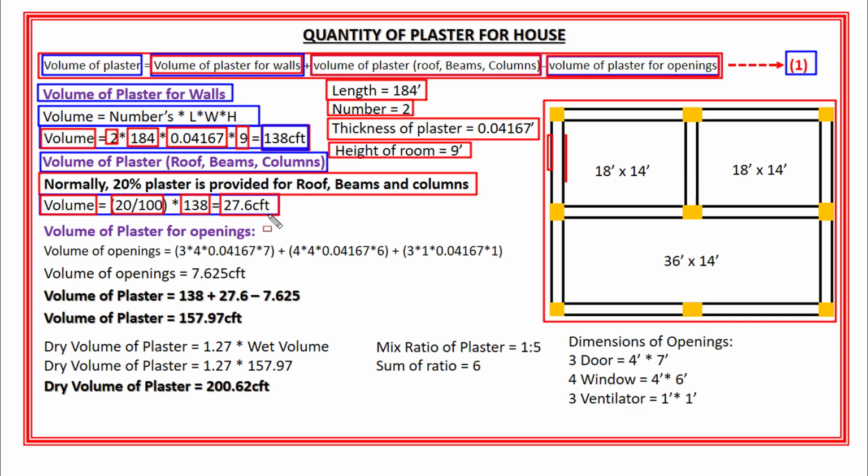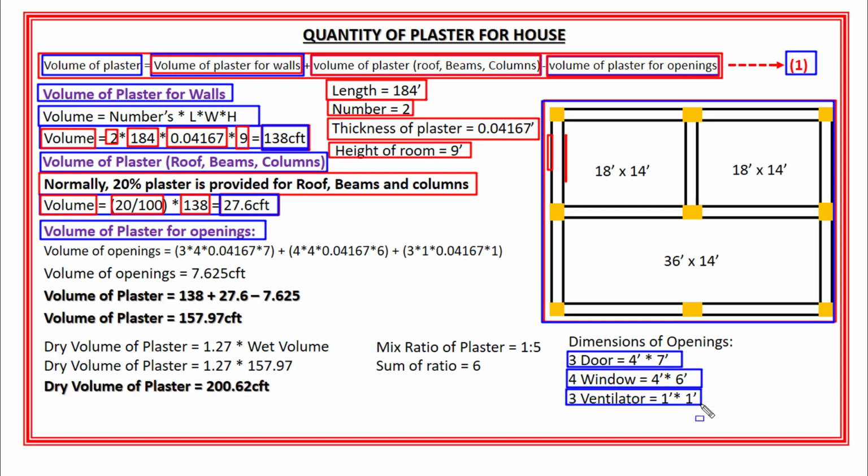So in roof, beams and columns of this house, 27.6 cubic feet plaster will be used. Next is the volume of plaster for openings. Okay. Now in this particular house, I have 3 doors of 4 feet by 7 feet, 4 windows of 4 feet by 6 feet, and 3 ventilators of 1 feet by 1 feet.